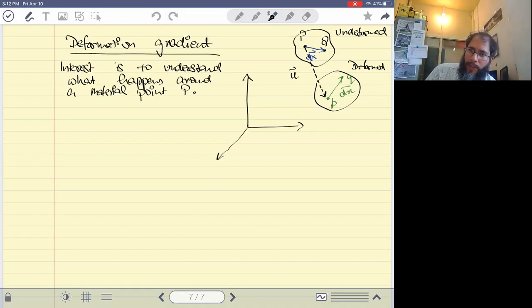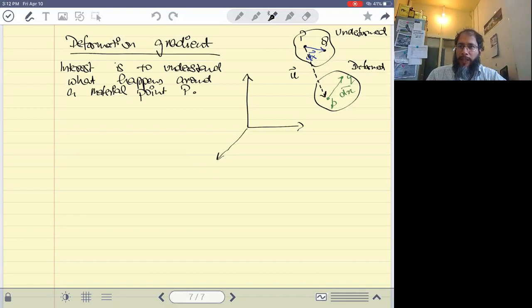Every dX will correspond to a d small x, and that for all possible values of dX, that is, for all possible values of point Q around the point capital P, will give me the information about what's happening around point P. It will tell me how different points are moving around a given point, and that tells us how deformation is happening around a material point capital P.